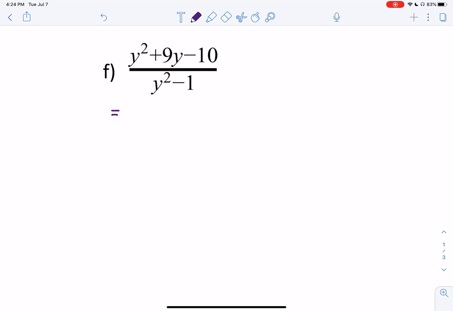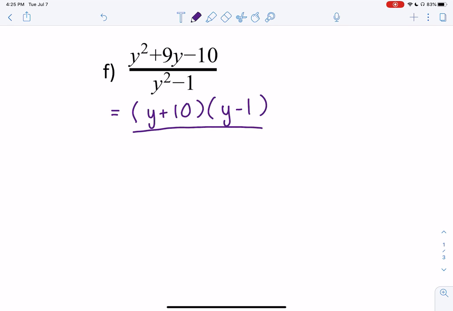In the numerator, two numbers that multiply to -10 and add to 9. y minus 10 and y minus 1, like that. Oops. Sorry, got my signs mixed up.